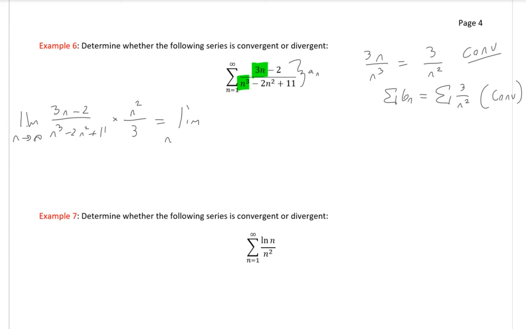That gives us the limit as n approaches infinity of 3n cubed minus 2n squared over n cubed minus 2n squared plus 11, or even 3 times all of those. And so what we have then is that this is going to 3n cubed over 3n cubed. This is again going to 1.